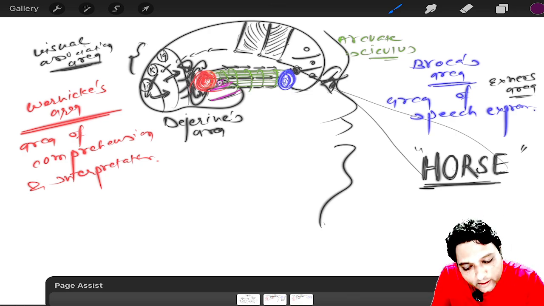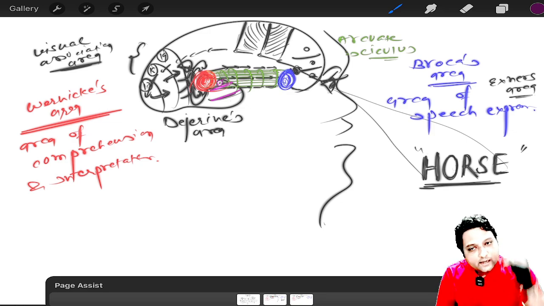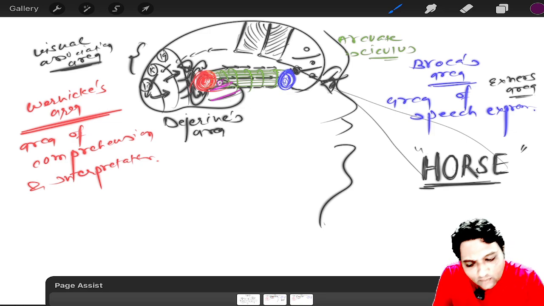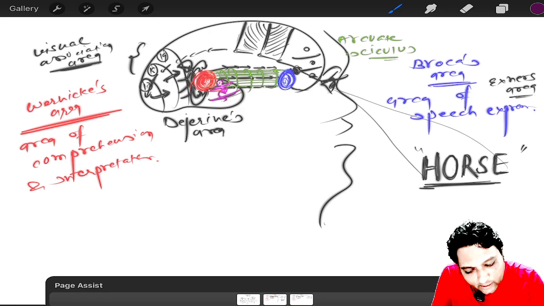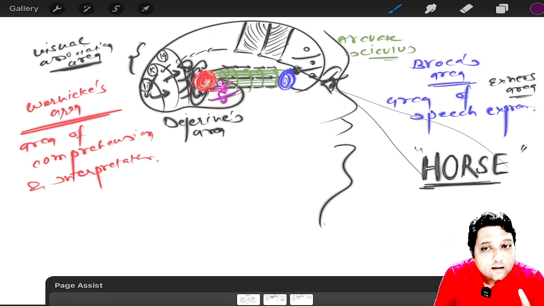Primary auditory cortex receives auditory information, then secondary auditory cortex analyzes it based on past experiences, and tertiary auditory cortex actually hears but does not get meaning out of it.